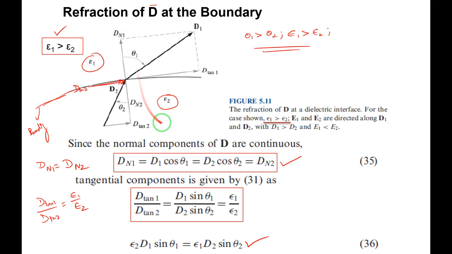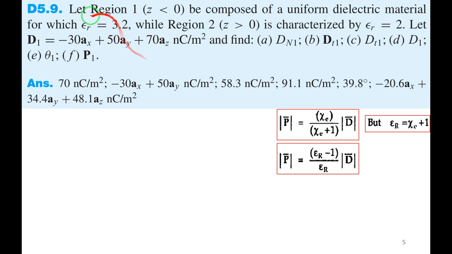Based on these equations and boundary conditions, we will try to solve some boundary condition problems. Before taking up the first problem, just one more formula. We know the relationship between D and P, so using those equations we get one formula.